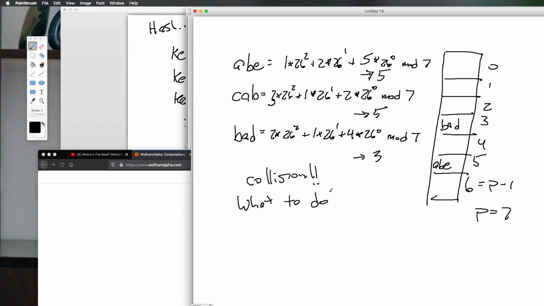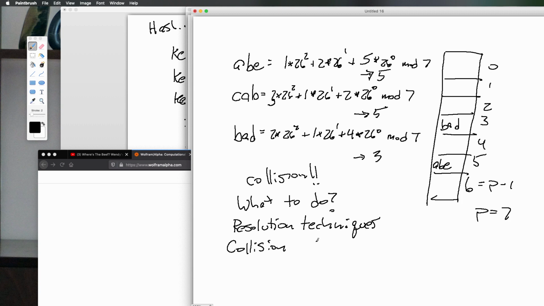Okay, and what we have to talk about here are what are called resolution techniques. Or in other words, we have to talk about what's called collision resolution.